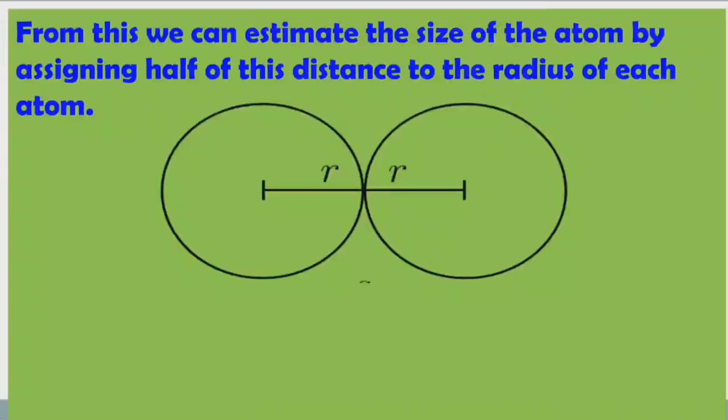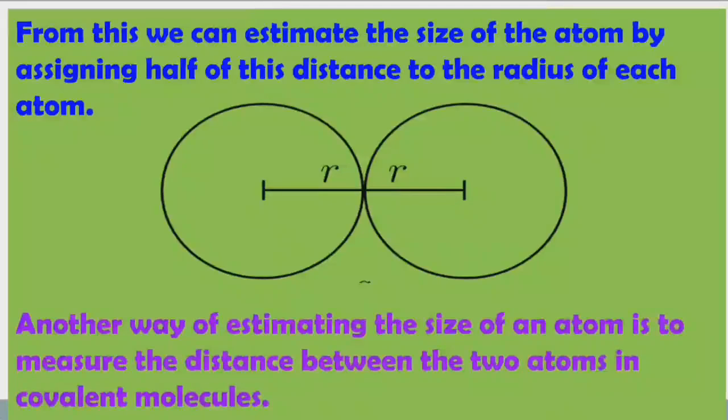Here we can see two adjacent atoms. We can measure the distance between the nuclei of adjacent atoms, then we can take the radius by taking half of the distance.